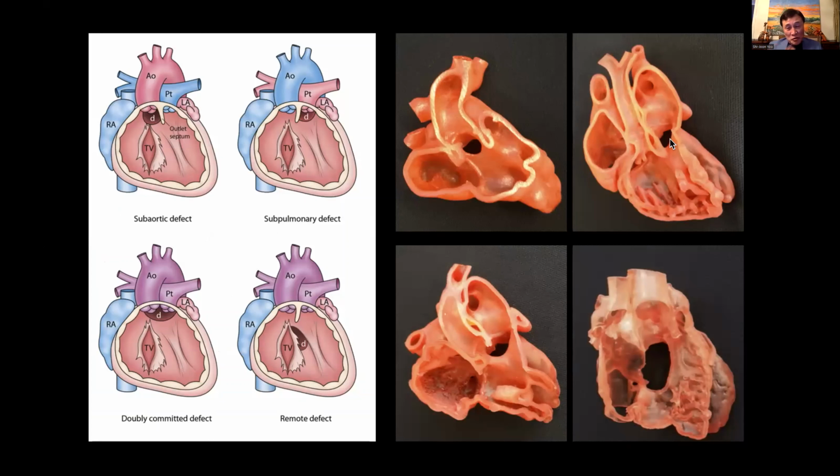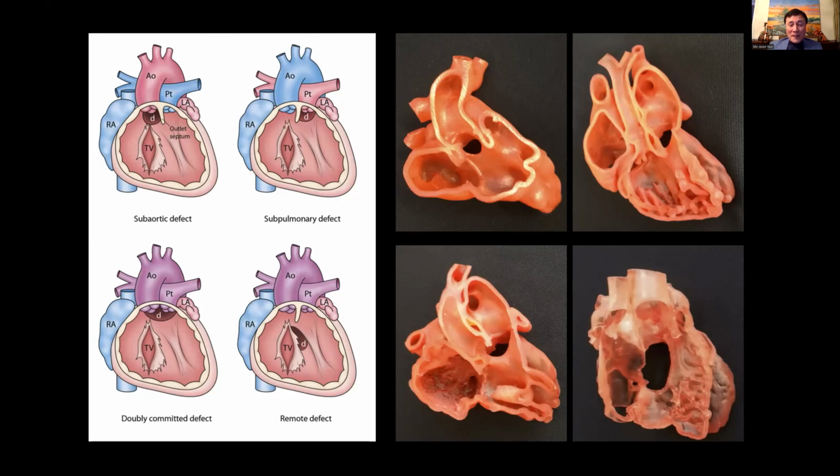The VSD location could be similar, but the outlet septum is on the opposite side, the right side of the VSD, making that VSD exclusively below the pulmonary valve, with the aortic valve isolated. Here, although there is a small infundibular septum, this VSD is mostly committed to the pulmonary valve, but also committed to the aortic valve too, doubly committed. And this is a pretty remote VSD.